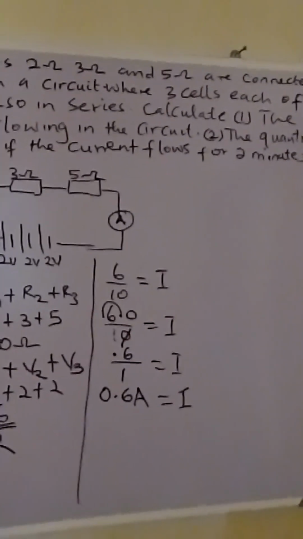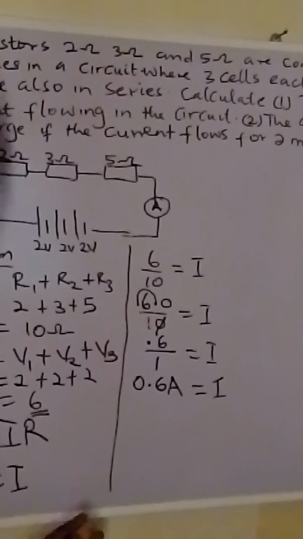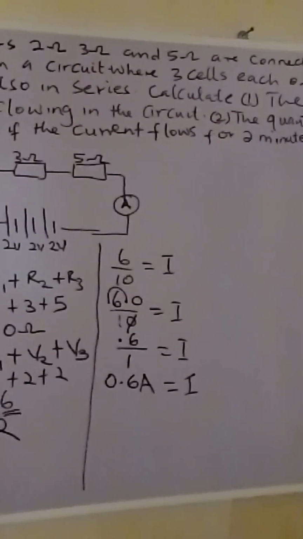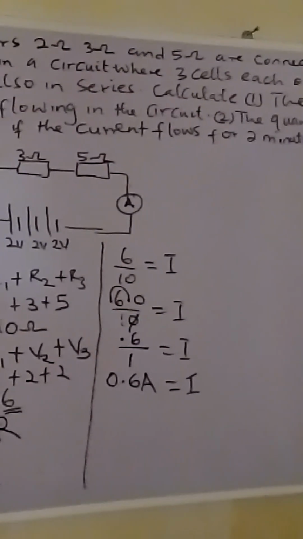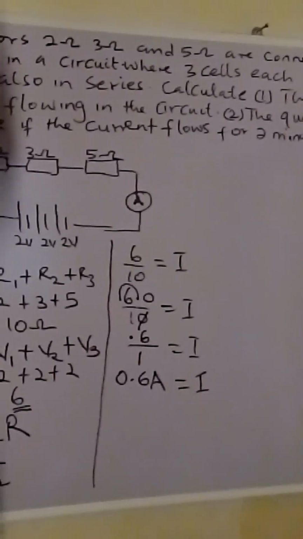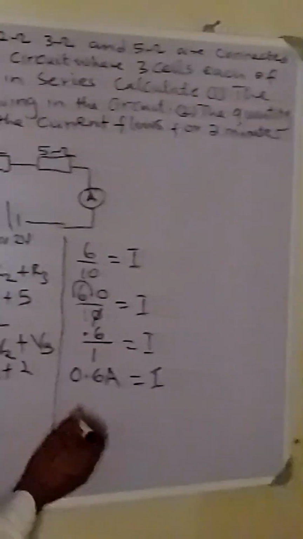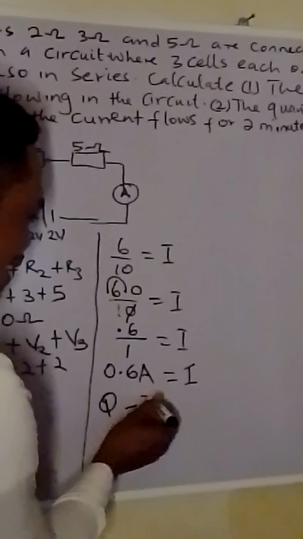Now, having found the value of the current, we proceed to finding the quantity of charge flowing in the circuit. How do we find the quantity of charge flowing in the circuit? Quantity of charge is denoted by capital letter Q. And we say Q is equal to IT.